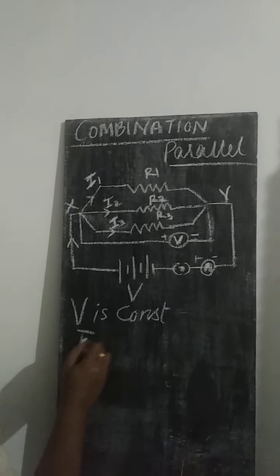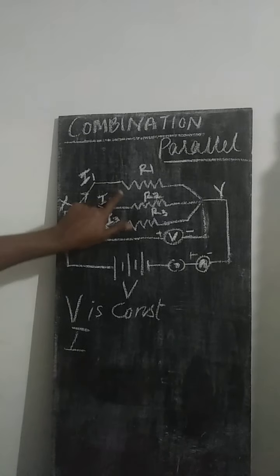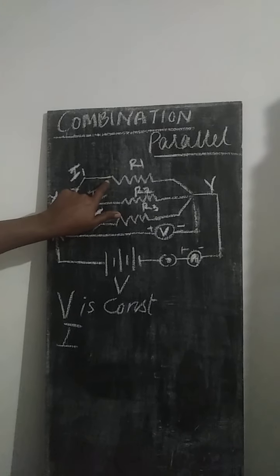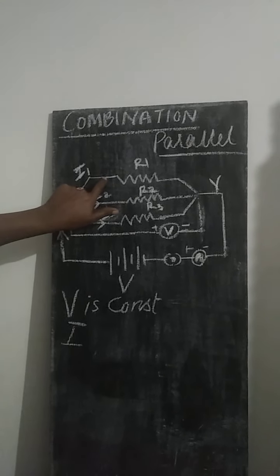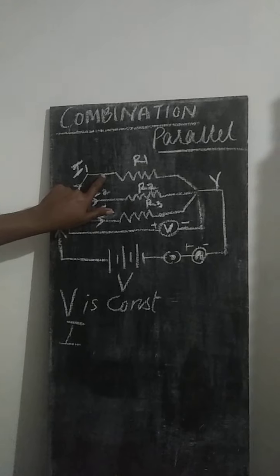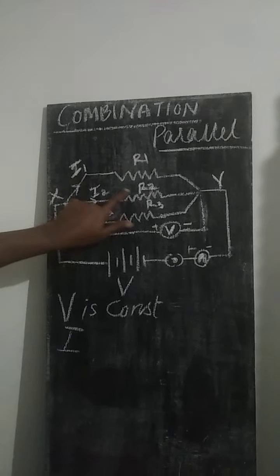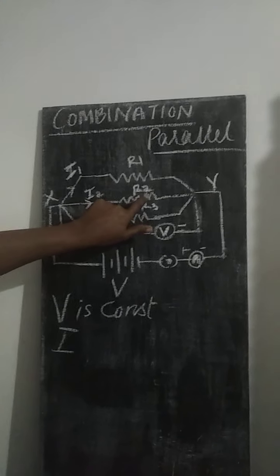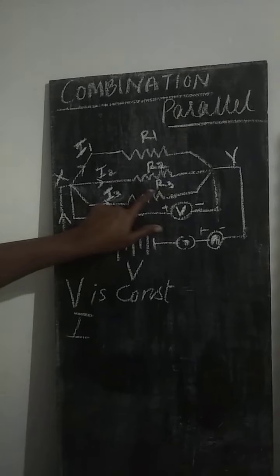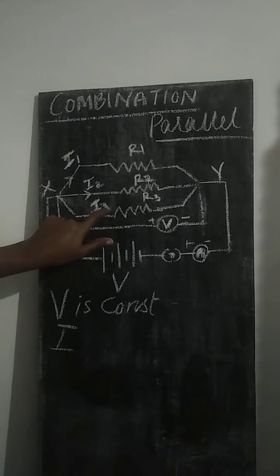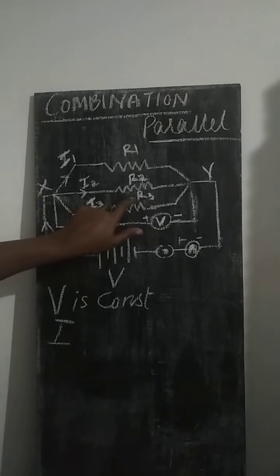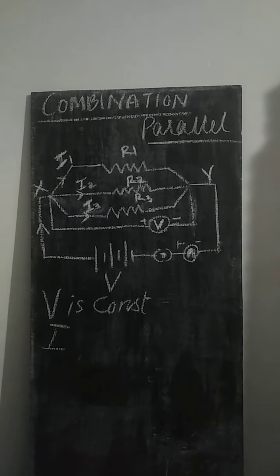But I is not constant because there are three branches for the current flow. So PD across the first branch depends on R1 and I1, and PD across the second one depends on R2 and I2, and PD across the third branch depends on R3 and I3, but V is a constant.